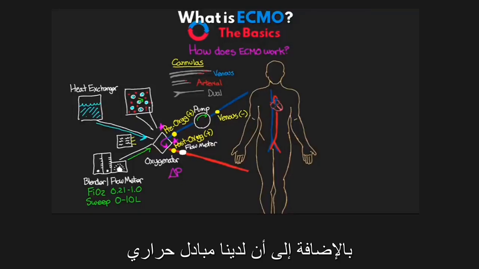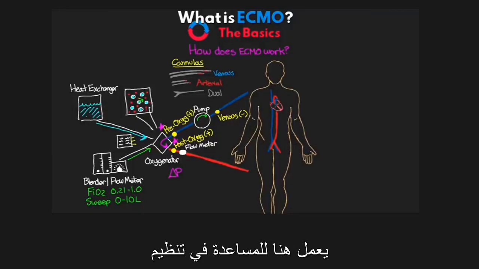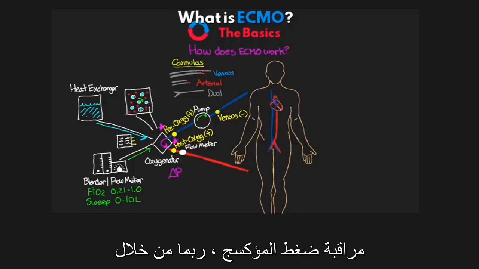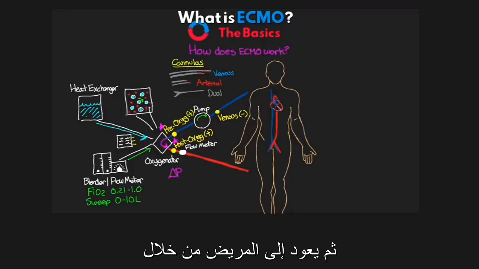As well as we have the heat exchanger working here to help to regulate the temperature of the blood for our patient. From there, it's going to come out the oxygenator past our post-oxygenator pressure monitoring, possibly through a flow sensor, and then back to the patient through an arterial cannula or back through a dual lumen cannula.